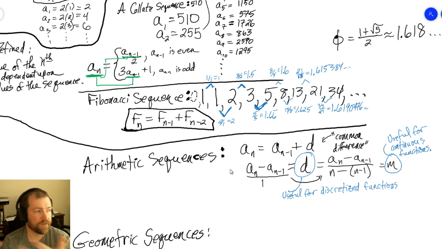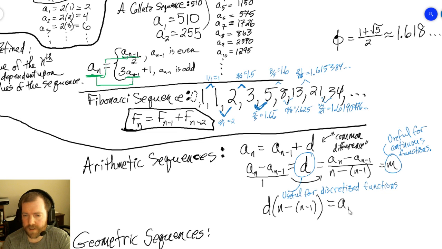All right, so then if we're talking just linear functions, we could just use point slope form for this. So what we've got then is that we could take the denominator here and multiply it across. And we could say that this is going to be d times n minus parentheses n minus 1 is going to be equal to a sub n minus a sub n minus 1.